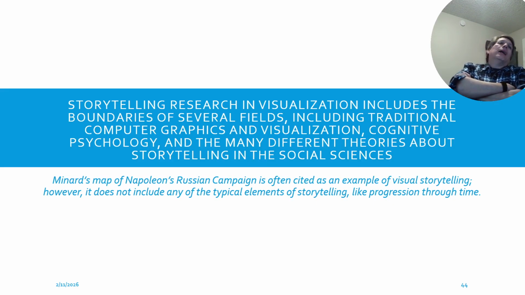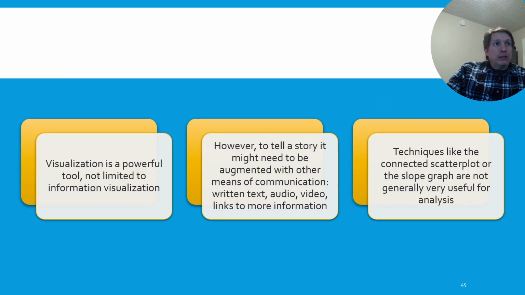What is important is that Minard's map that we presented at the beginning is often cited as an example of visual storytelling. But as we presented and we said, it doesn't really have the element, especially the one that is the add line progression through time. It's tacit, but it's not actionable in that regard.